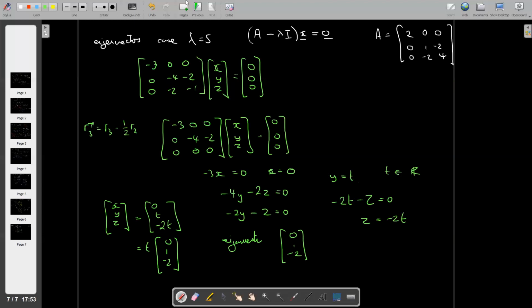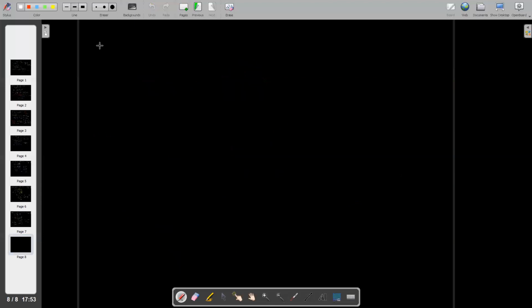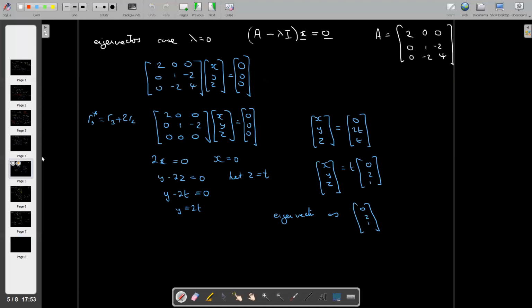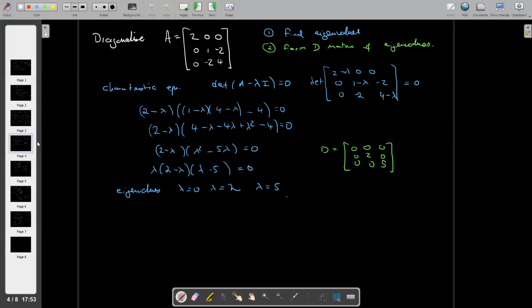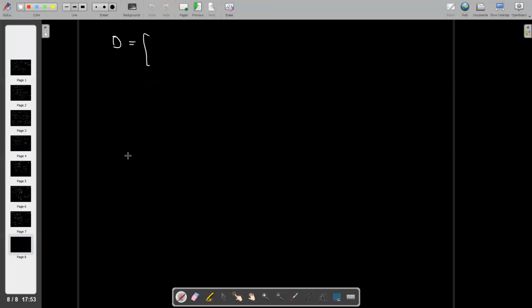So new page. I have to quickly go back. So we had the D matrix, which was the matrix, let me just remind myself, right up here. Okay, it's going to be 0, 0, 0, 0, 2, 0, 0, 0, 5. That's the matrix of the eigenvalues.